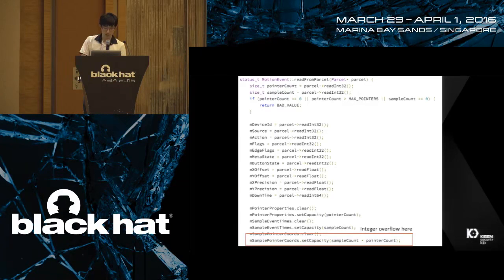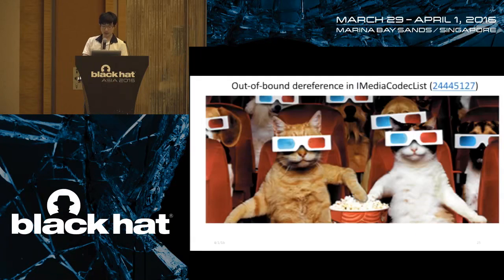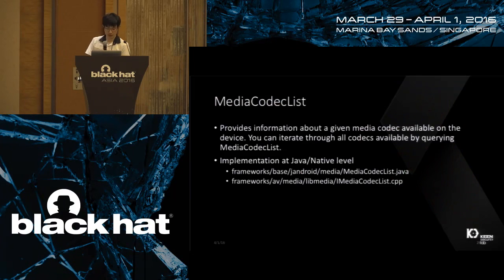After the two bugs, we will finally demonstrate an exploitable one, the out-of-bound dereference in the IMediaCodecList, and how we turn this bug into both an info leak and code execution. First, what is a MediaCodecList? The MediaCodecList is a class in Android that provides how many media codecs this phone supports, so that you can use it to play media.